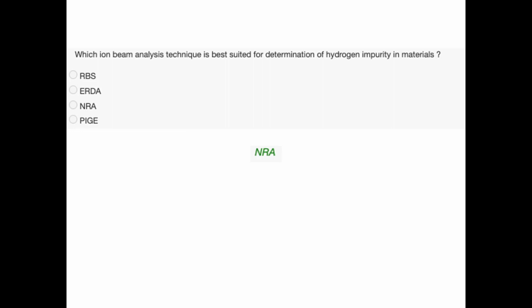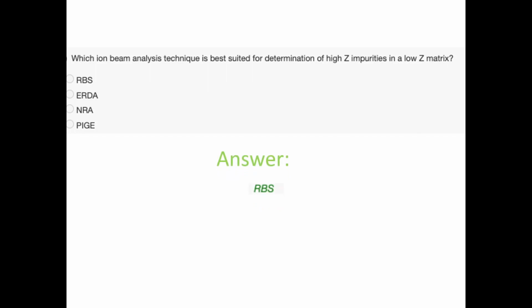Now I'm myself confused. I think the answer is B, ERDA, because I checked in the slides and it is mentioned that for low Z impurities it's good, so ERDA is employed. No, for low Z matrix and impurities, RBS is employed.